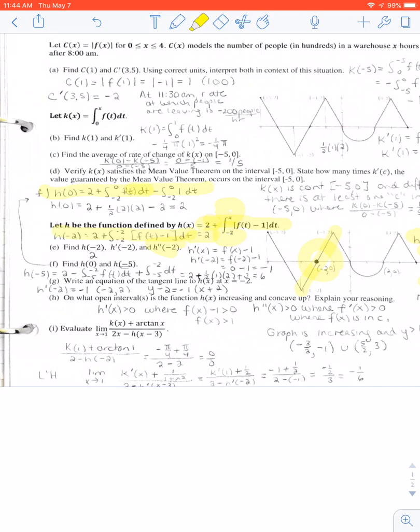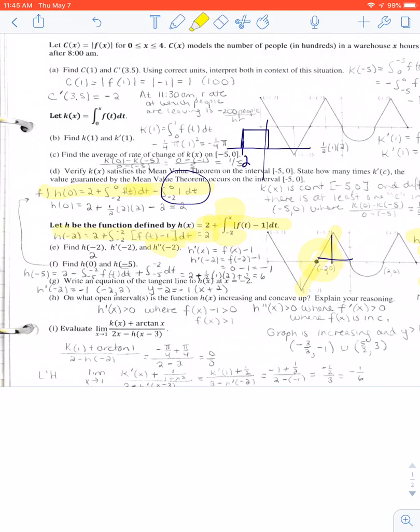So for -2 to 0 of the function, I'm going to find the area of the triangle, which was 1/2 times 2 times 2. And then if I have y equal 1 from -2 to 0, it's a rectangle of 2 times 1. Or you could just integrate 1 and get t and then use the fundamental theorem. And then when you sum that up, you'll get 2. So that was h of 0.